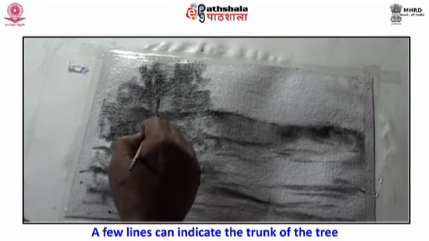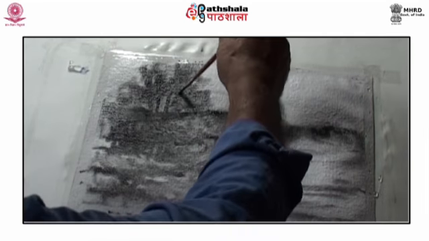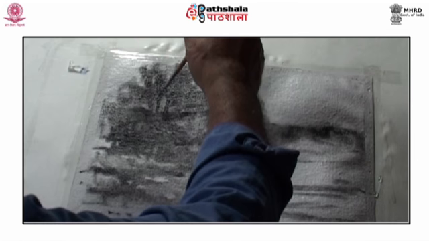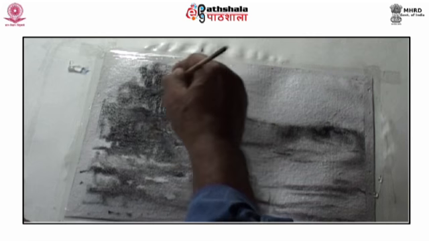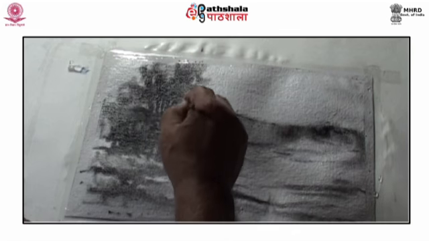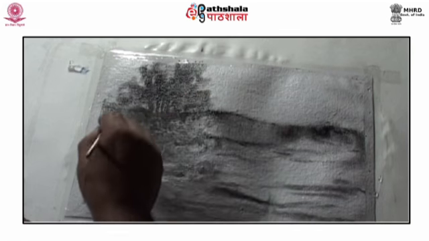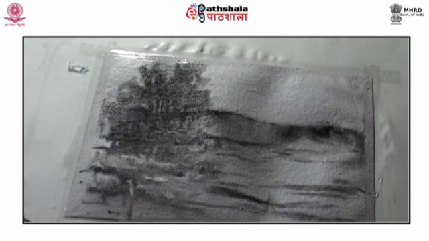A few lines can indicate the trunk of the tree. An addition of mauve and any color with fleck will create more interest in the painting.